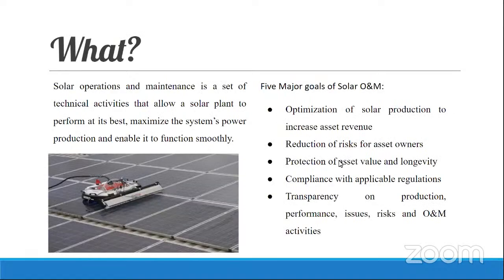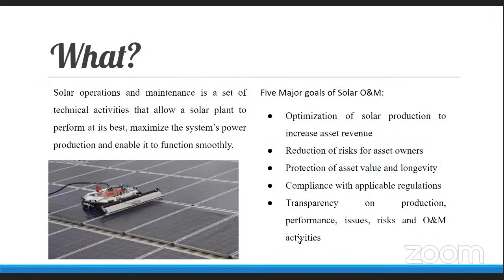So what is solar O&M? Let's understand it. There is a widespread myth in the solar industry that as long as the sun is shining, the plant will work fine. However, this couldn't be further from the truth. A solar plant is built to last for 25 to 30 years. But the associated electrical balance of systems, the BOS components, are not.